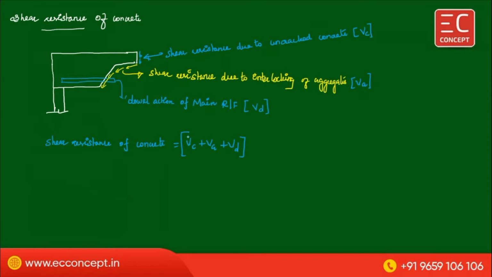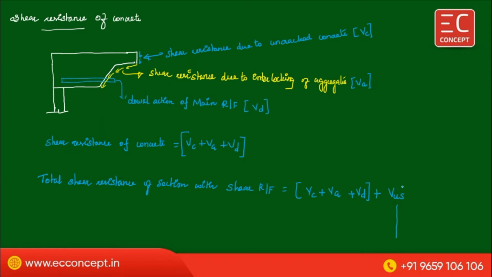Not only this, the total shear resistance of section with shear reinforcement is equal to VC plus VA plus VD plus shear resisted by shear reinforcement.